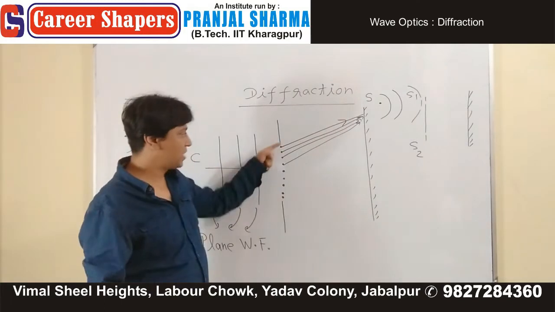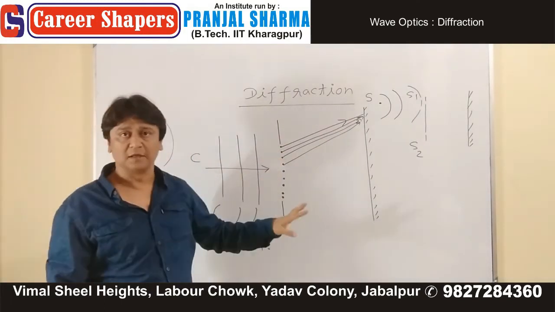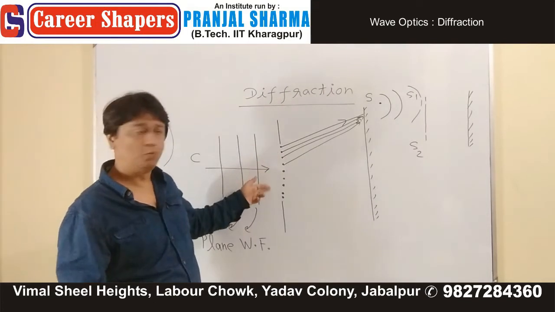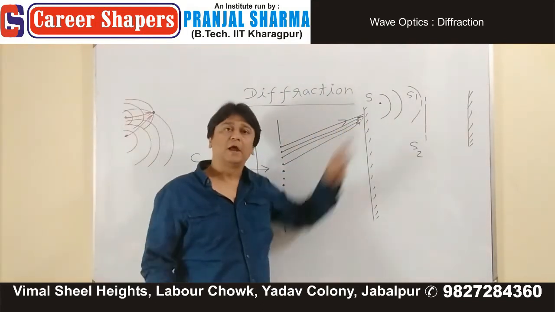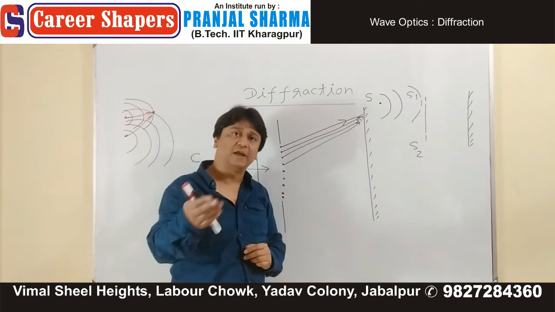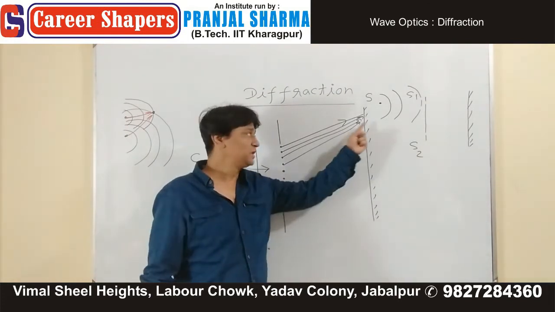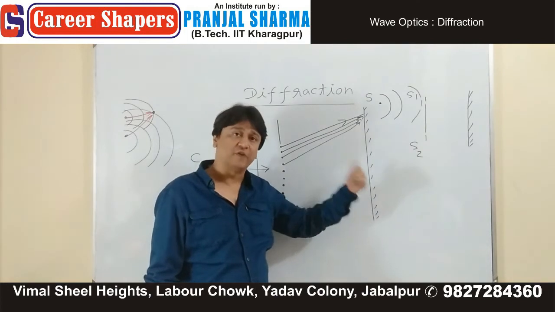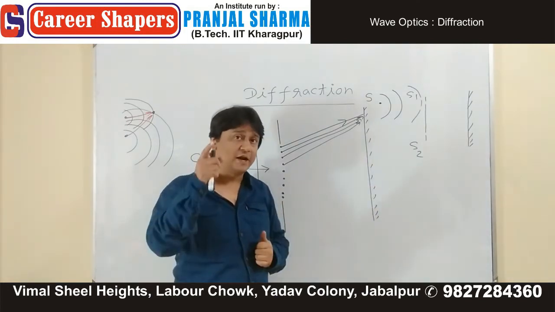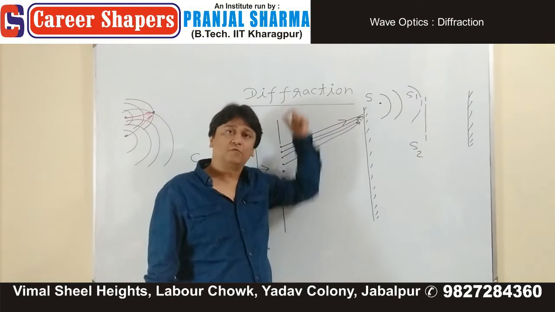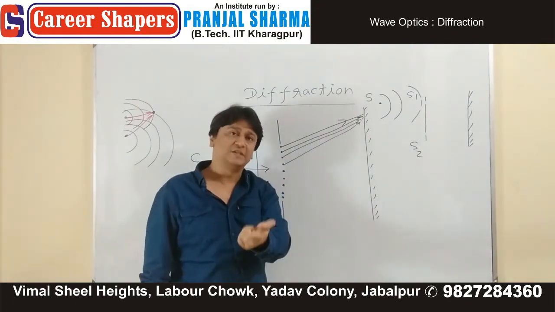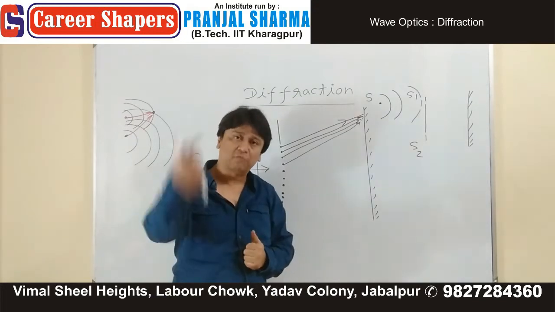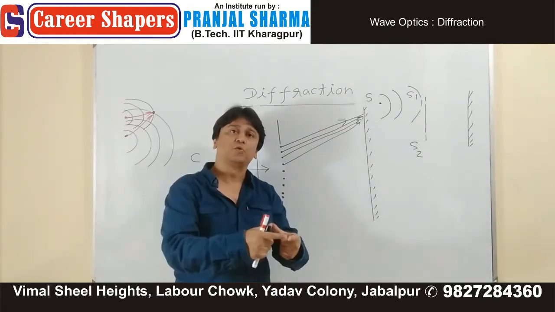If light travels different path lengths, then all these waves will interfere, and depending on the phase difference, you will see constructive or destructive interference. Listen again. In diffraction, we are talking about interference. What is interference? When two waves or their electric fields interfere with each other.